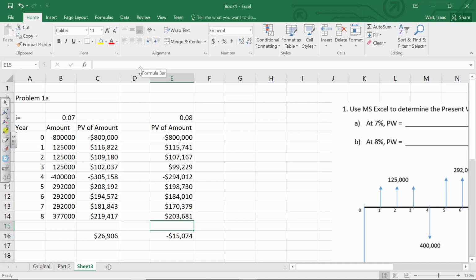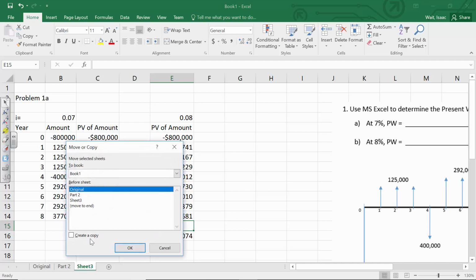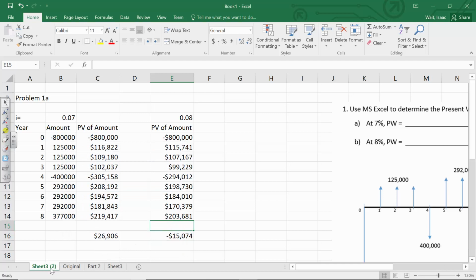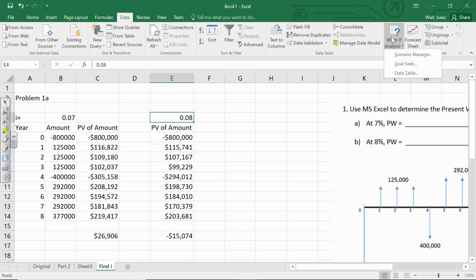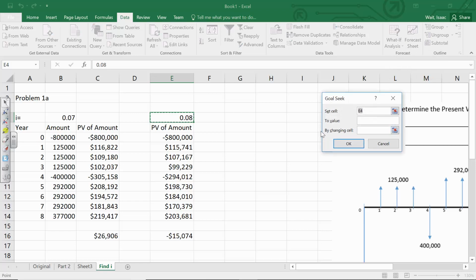All right, now let's optimize this. Let's find out. I'm going to copy this so that I don't mess it up. Create a new worksheet. Okay, so this is my find i. I'm going to use Data, What-If Analysis, Goal Seek, and what we want to see is the sum of this present worth equal to 0.